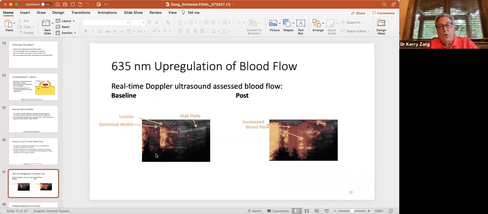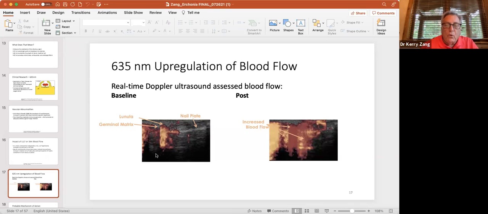Now, this is the same thing that happens in the Achilles tendon, pre and post treatment, in the plantar fascia, in the musculoskeletal, and myositis. We have different protocols where we treat these, but when you're increasing the vascularity with the laser, it's generally 2 steps forward, 1 step back.